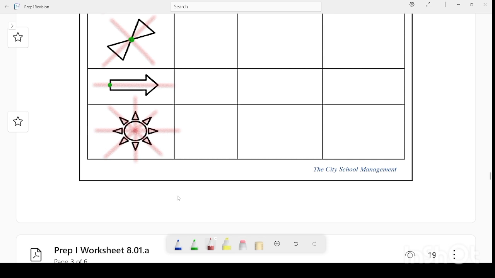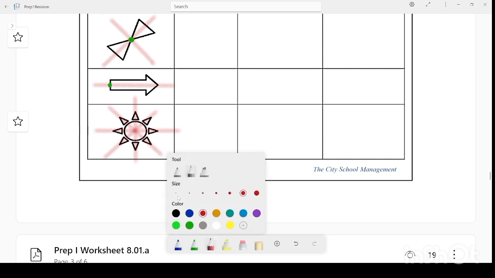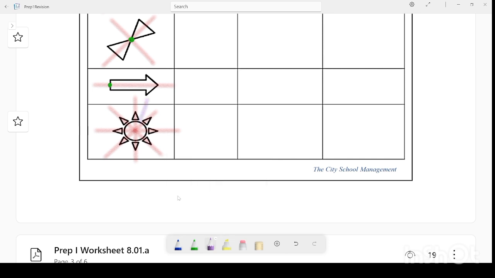I'm drawing some other shapes here with another color to identify them differently. One point, second point, third point, fourth point. All of these are crossing at one central point.